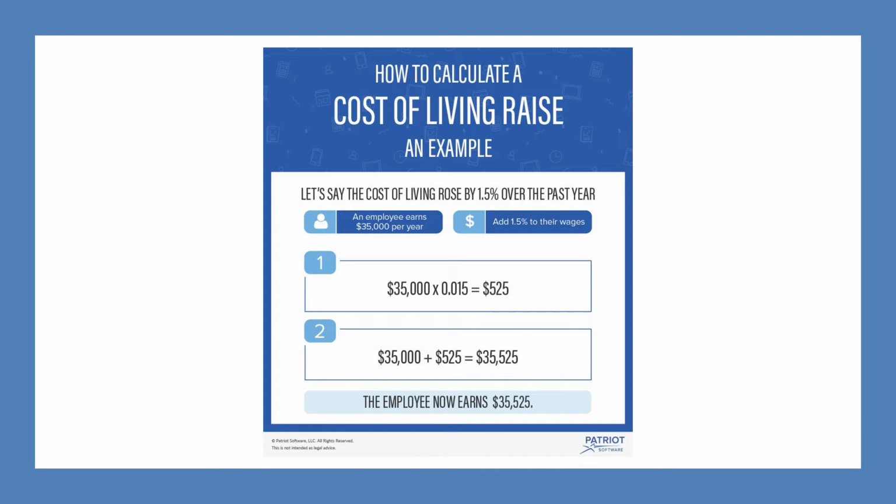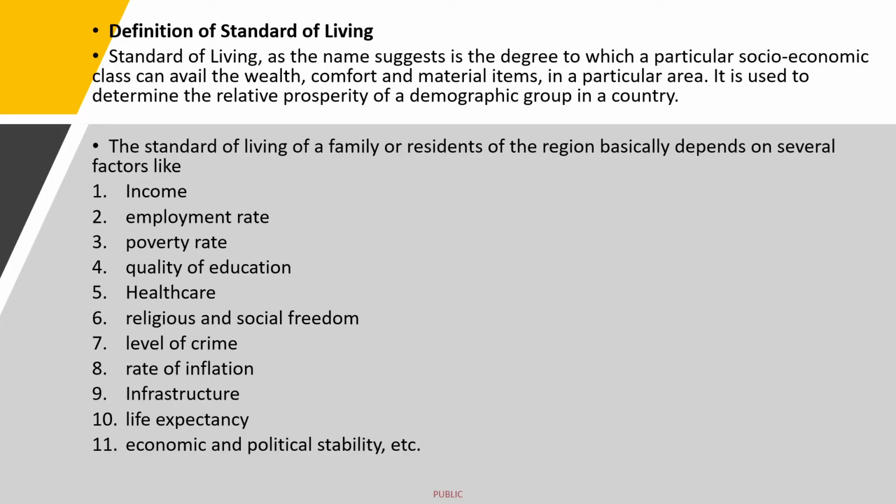So 525 is added to 35,000, which is the initial amount that the employee earns. Then the answer will be 35,525. So now the employee earns 35,525.